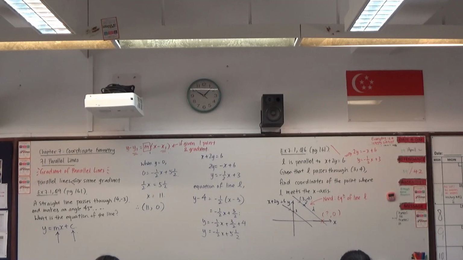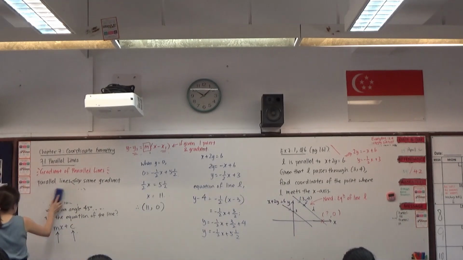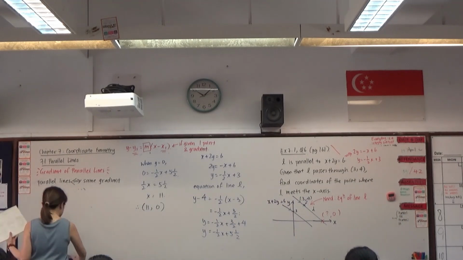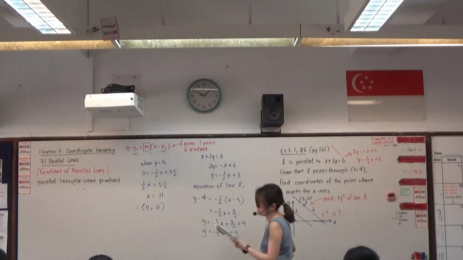We're looking at perpendicular lines. Okay. So I hope we're all getting it for parallel lines so far. Right? Okay. I want us to take a look at try 3, about collinear points.